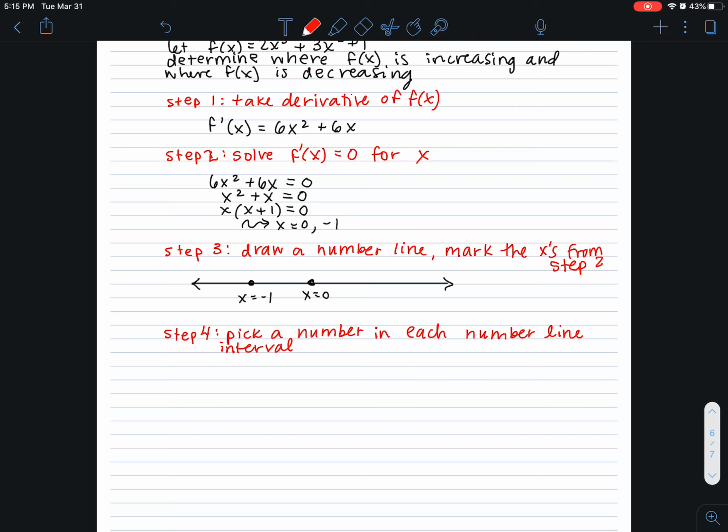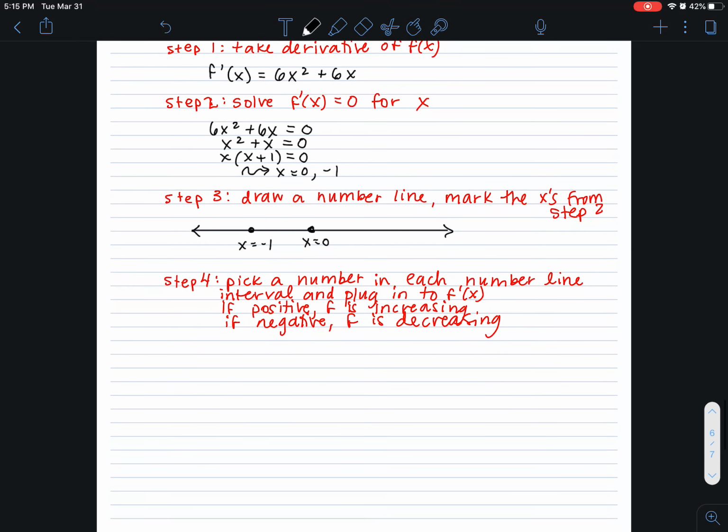So pick a number in each interval and plug into f prime of x. If it's positive, we have from the first derivative test that f is increasing, and if negative, f is decreasing. Okay?